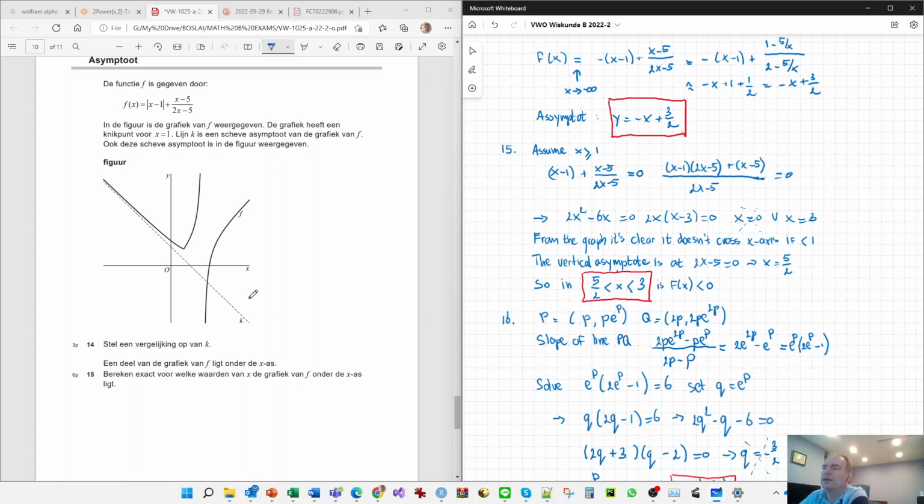Some part of the graph is beneath the x-axis, as you can see. That's actually from here to here, where you have this vertical asymptote. So determine what this interval is where it's below. That's the question.